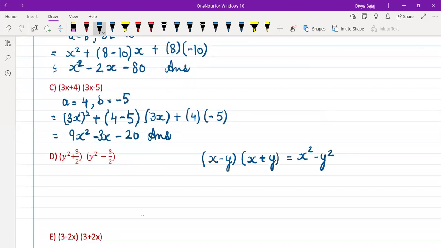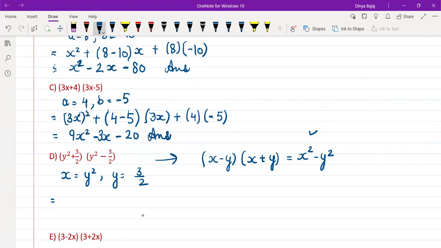So we have this question in the same form as this identity, where our x is the first term, which is y square, and our second term, which is y in the identity, is 3 by 2. Using this identity, as we are given x plus y, you can write it any way. Plus 1 can come in the front or at the back.